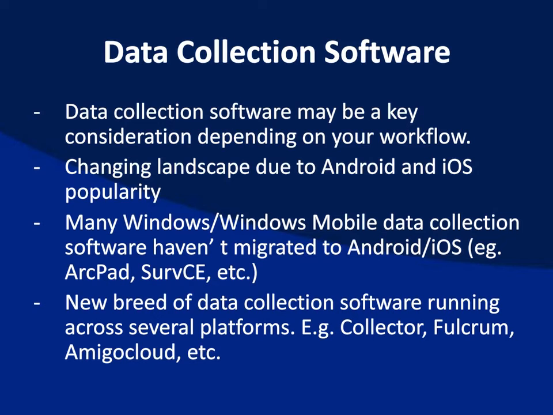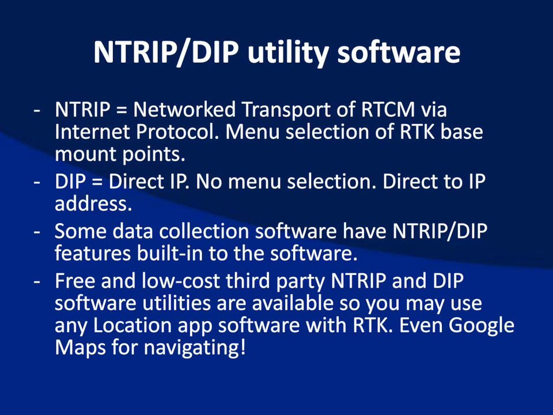And just really quick here, this NTRIP DIP utility software I was talking about. So I figured I should define it, or at least spell out the acronym. NTRIP stands for Networked Transport of RTCM via Internet Protocol. RTCM, if you've heard of that, is a generic format. RTCM3 is the current version.